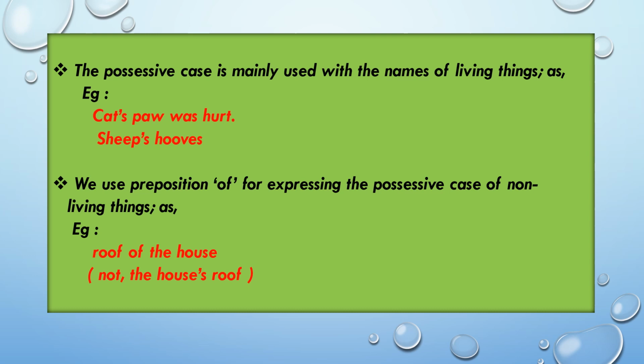So, if we write the house's roof, then this is wrong. The correct way to write is roof of the house. So, the preposition of will be used for expressing the possessive case of non-living things.